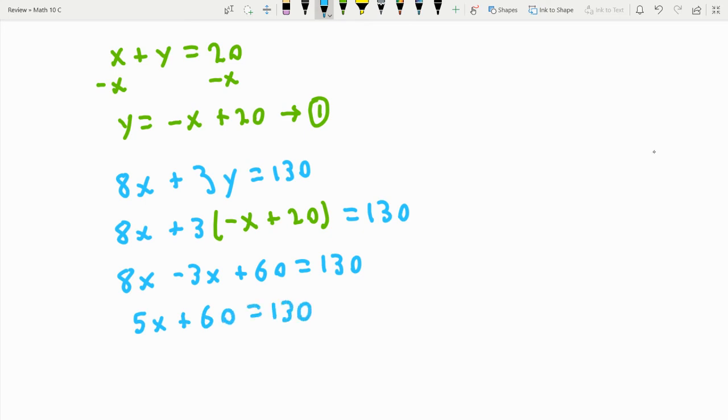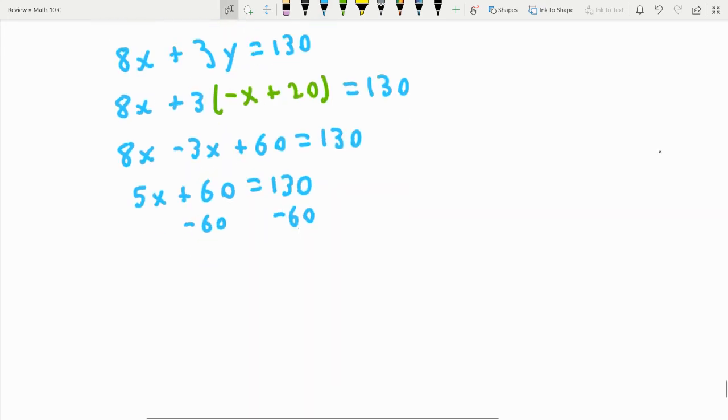Now from here, I want to have x by itself, so I'm going to subtract 60 from both sides. Once I do that, the 60 minus 60 cancels on the left, so I'm only left with 5x equals 130 minus 60, which is 70.